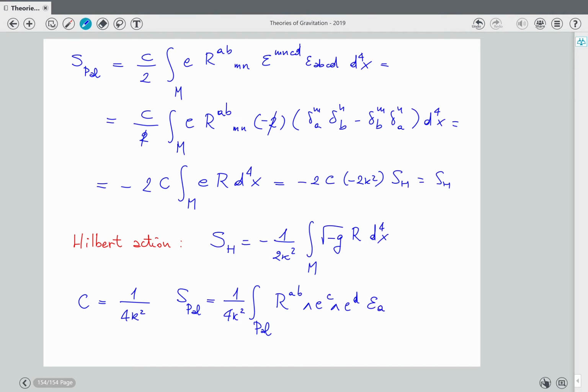Written in a nice way by means of differential forms. But actually, we are using indices, so we are not writing it in a completely intrinsic way, because we are still using indices for the tangent space, for the flat space indices. However, we do not need to use space-time indices.